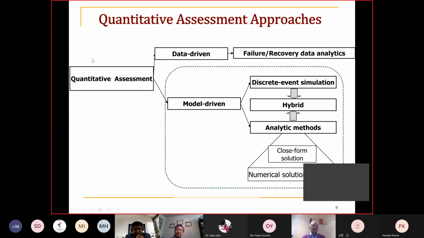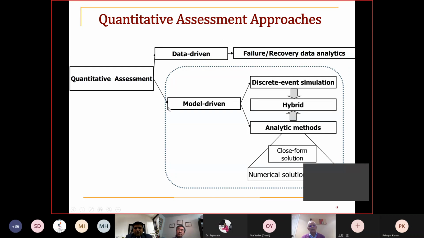On the one hand, we have the data-driven approaches, which in this case will become failure or recovery data analytics in the modern terminology. You have collected data about the past failures or recovery from failures, and that data can be analyzed using statistical techniques to assess the reliability or availability of the system.